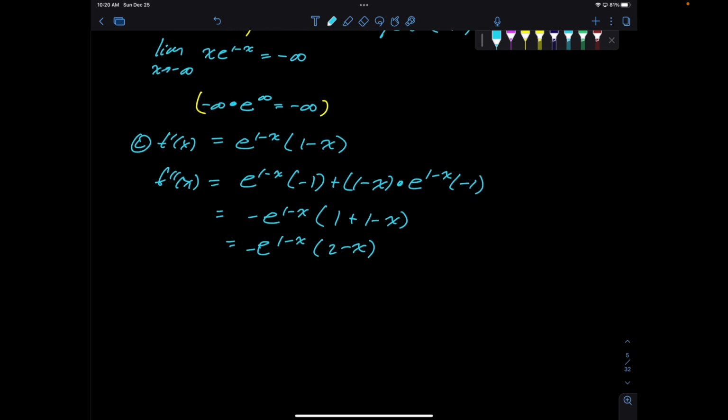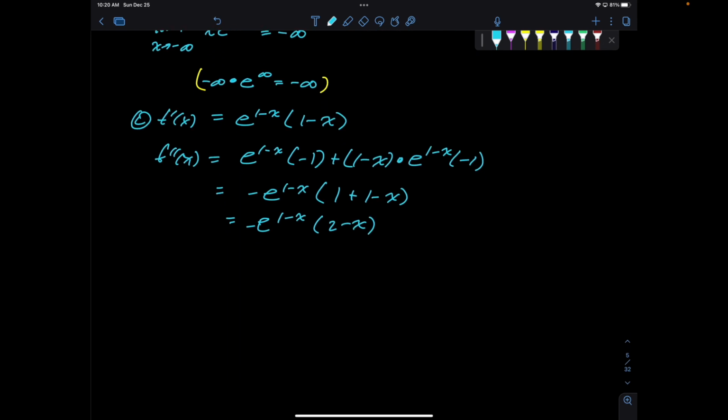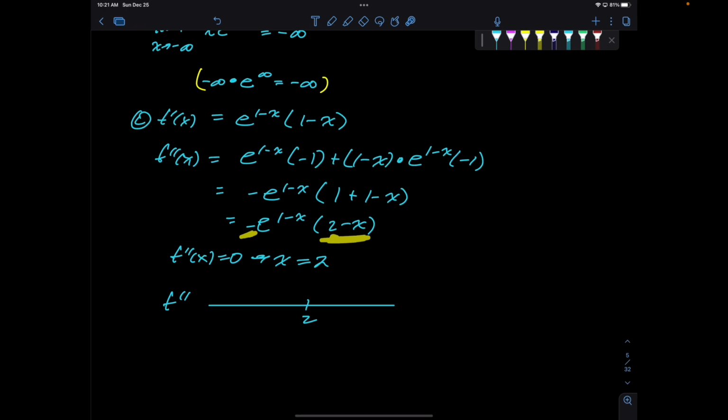All right, so we need to do a sign chart. You can tell x equals 2 is the only possibility. So x is 2, sign chart, put 2, f double prime. We just need a sign change, right? So if we plug in negative a billion, we get negative and then positive, so negative overall.